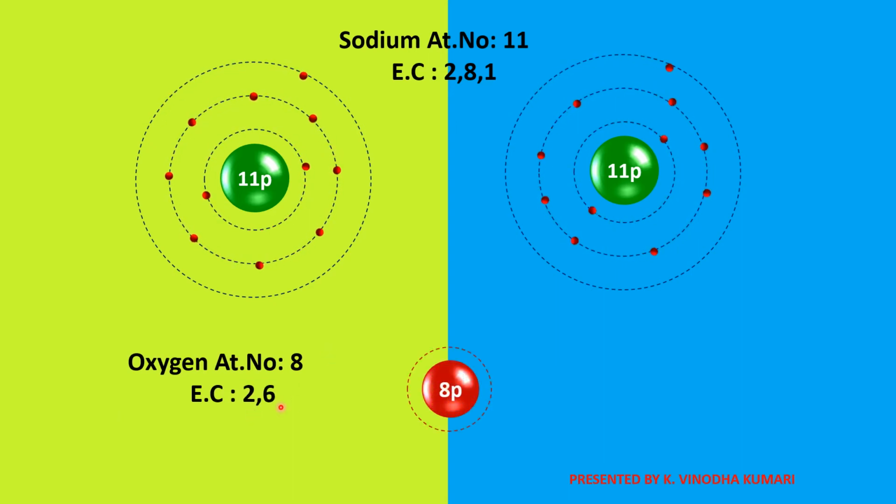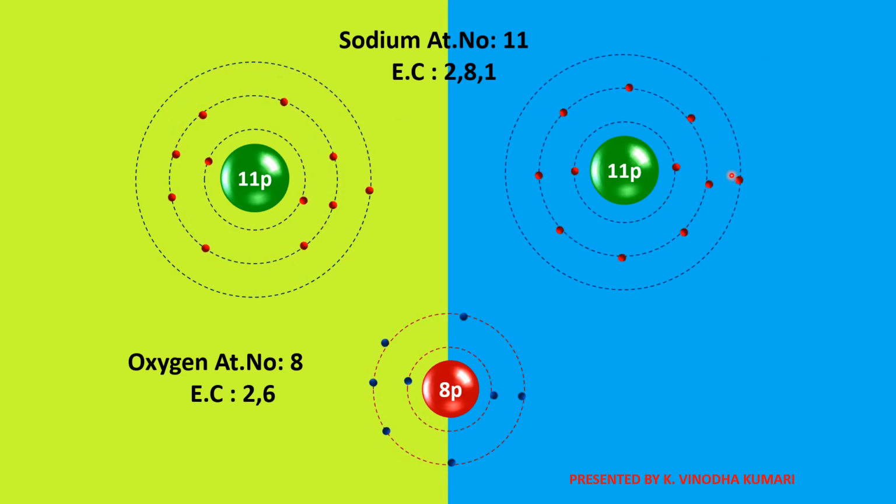Its electronic configuration is 2, 6. First shell it has 2 electrons, and in the second shell it contains 6 electrons. See, these are the 6 electrons. So these 2 electrons from sodium, this electron and this electron, are transferred to the oxygen so that it can attain the octet configuration of neon.